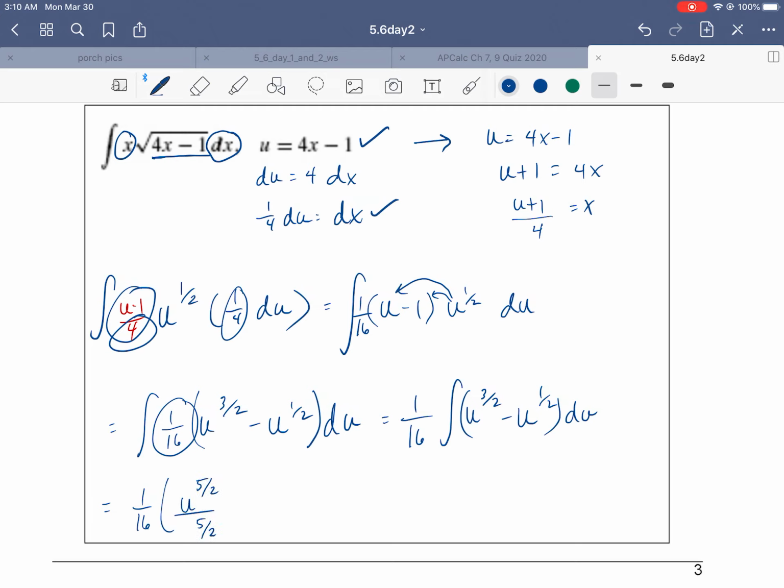So u to the 5/2 divide by 5/2 minus u to the 3/2 divide by 3/2 plus c. And that whole thing was being multiplied by 1/16. Okay? Final answer, replace u with 4x minus 1.